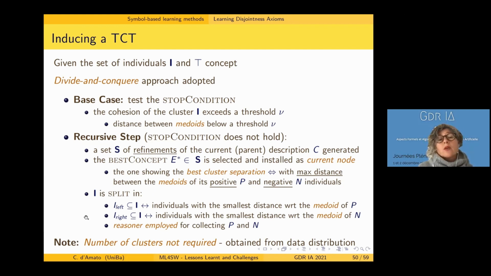The individuals that have the smallest distance with respect to the representative element of the negative examples will be moved towards the right-hand side, meaning that they will represent negative examples. Of course, for collecting the sets of positive and negative examples, the reasoner can be exploited.